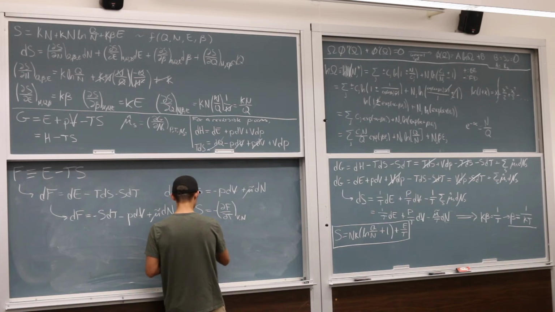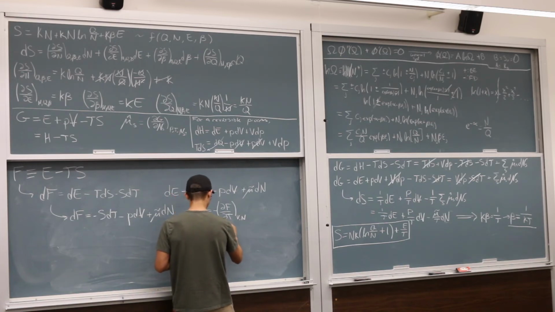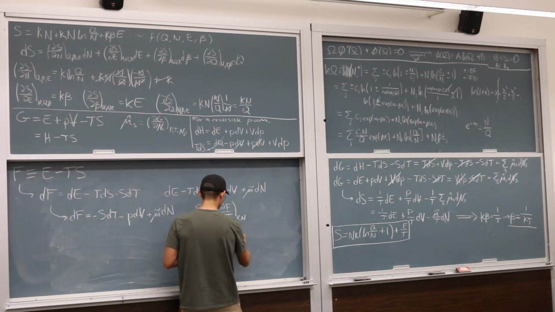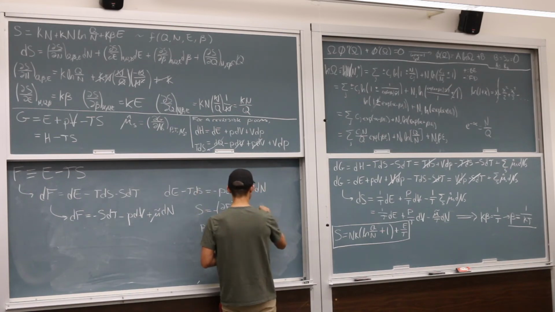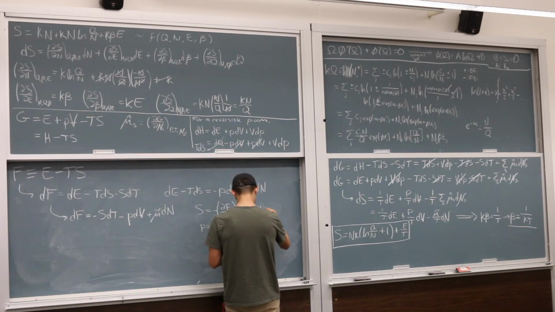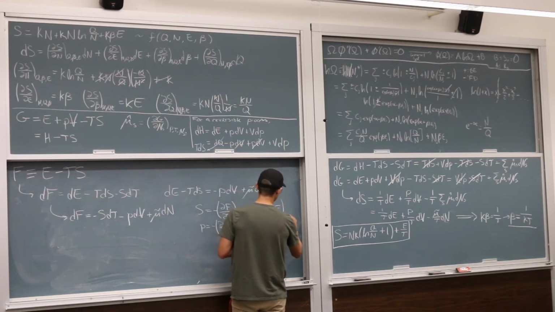It also tells us that the pressure is equal to minus dF/dV, holding the temperature and number of particles constant. And it tells us that the chemical potential is equal to dF/dN, holding the temperature and the volume constant.